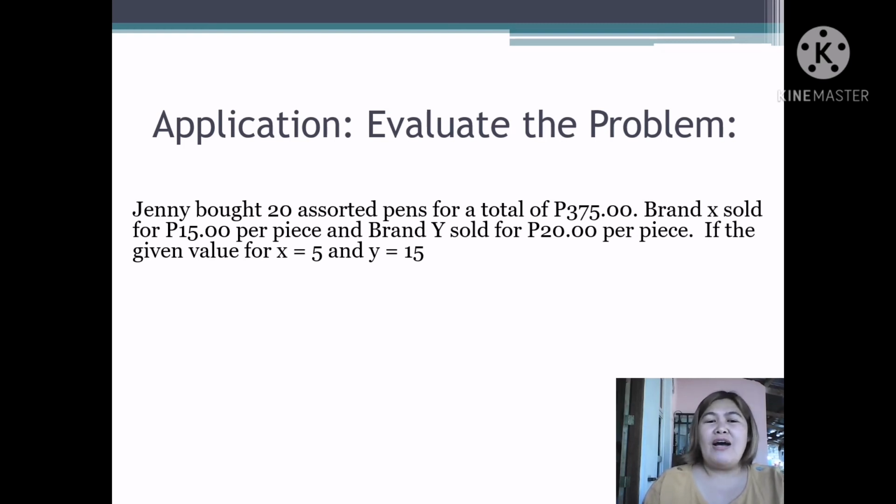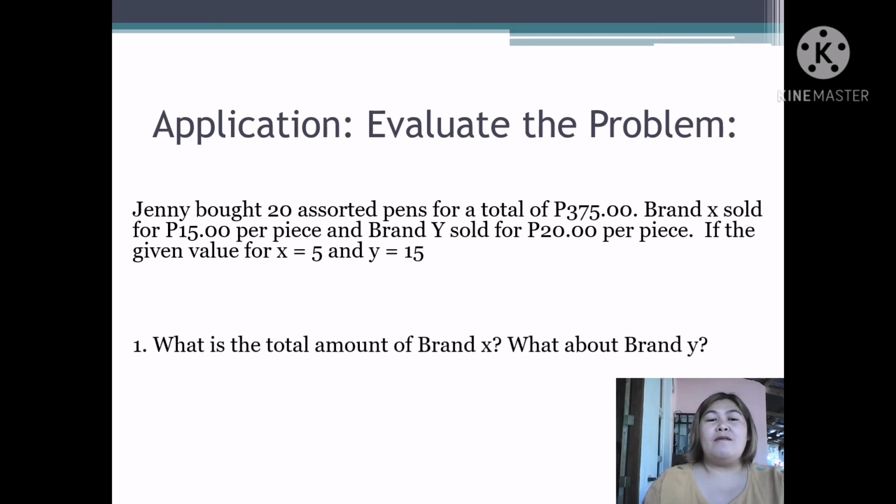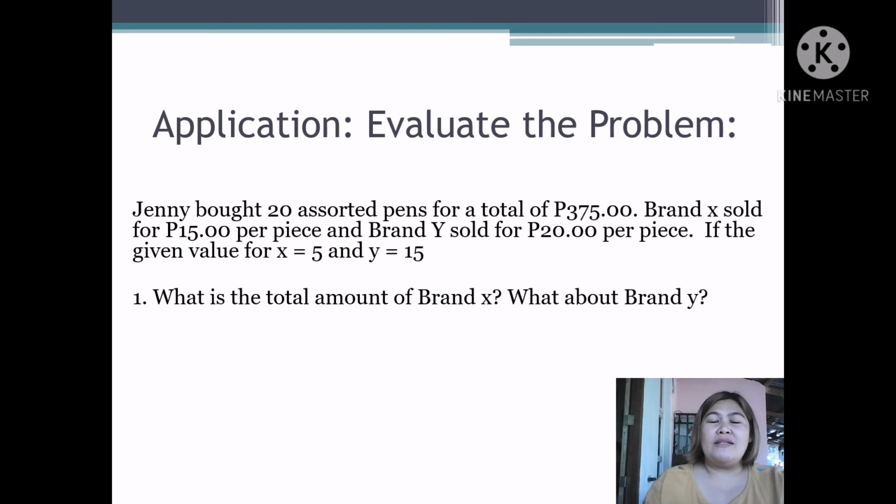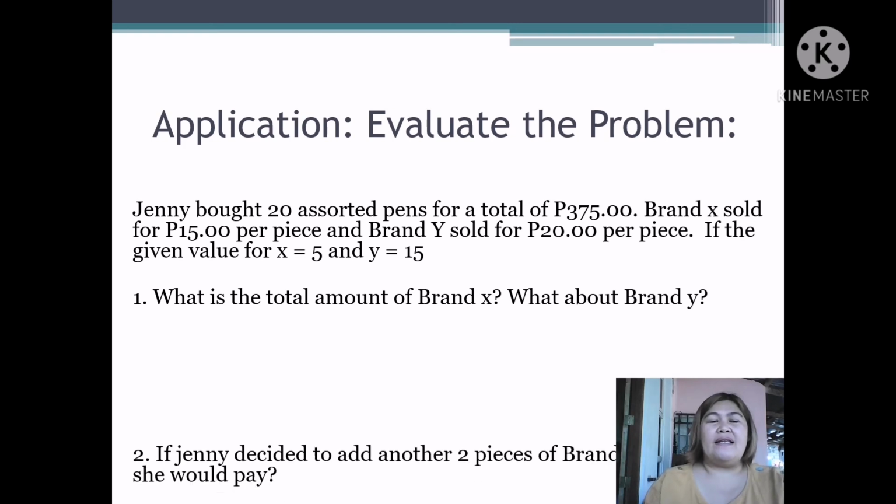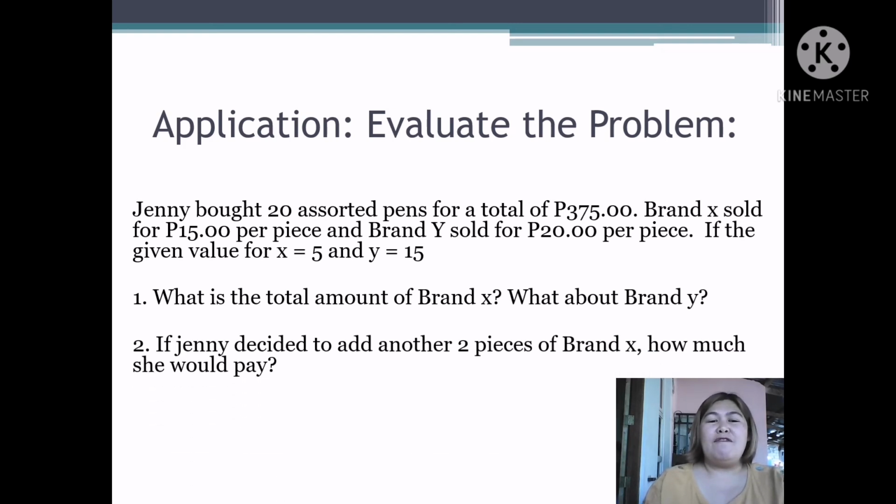If the given value for X is 5 and Y is 15, the first question is what is the total amount of brand X and what about brand Y? And then the second question is, if Jenny decided to add another 2 pieces of brand X, how much would she pay? I hope you will answer this question on your own.